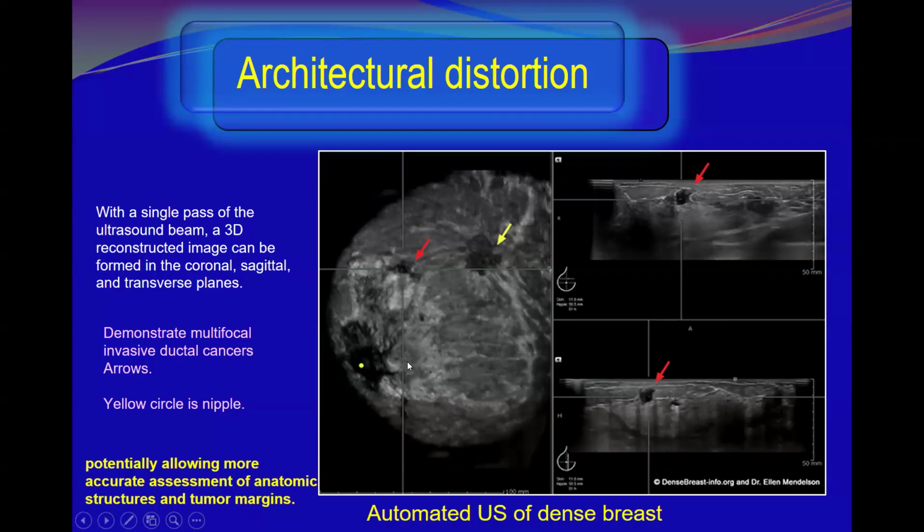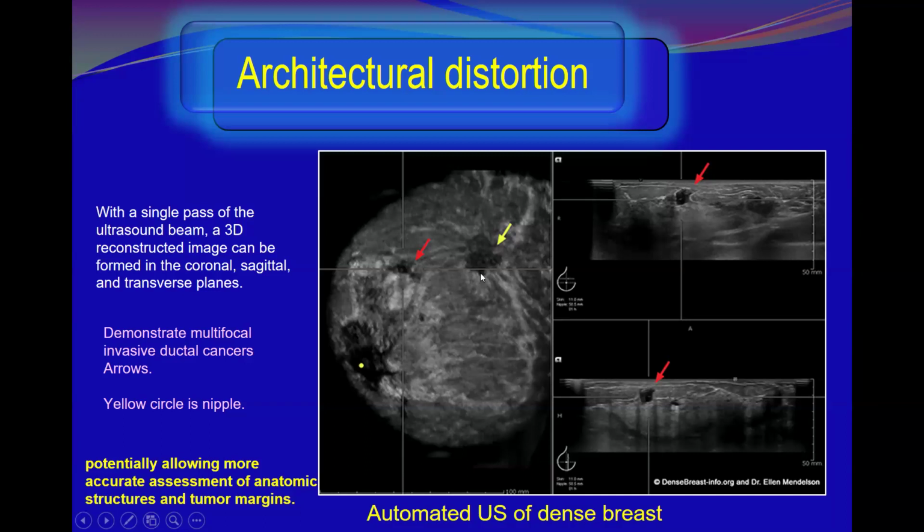This is the coronal view. This is an axial and sagittal reformatting. Okay, 3 reformatting of an automated ultrasound, demonstrating multiple multifocal malignancy. This is the corresponding lesions, the larger lesions seen here. Okay, and this is the smaller one.